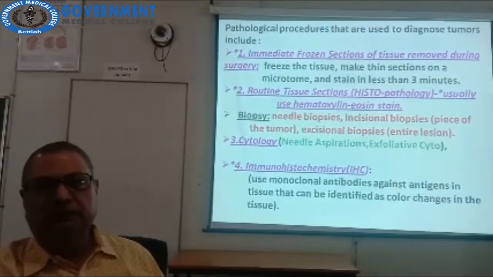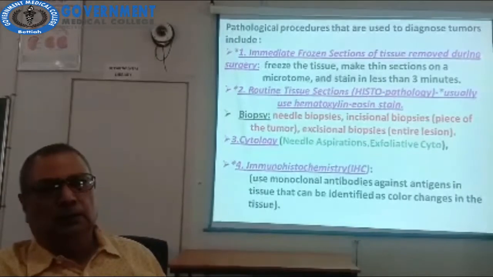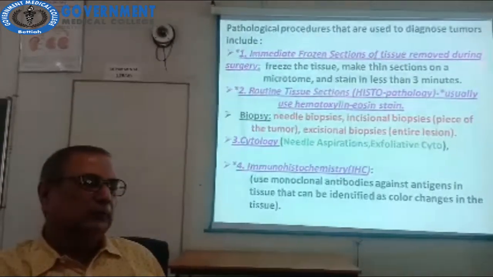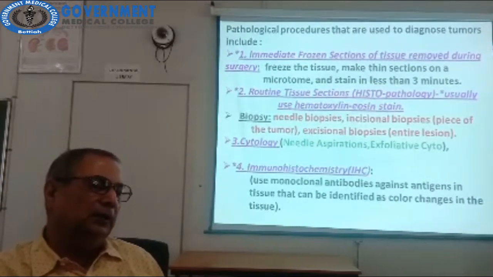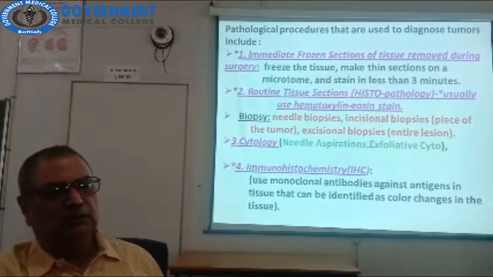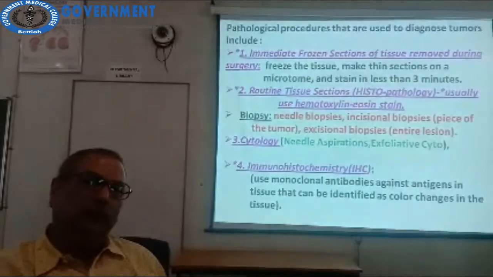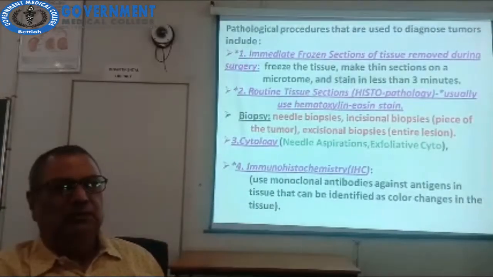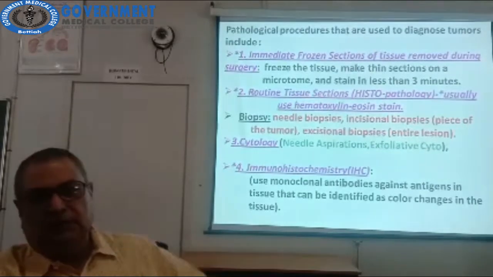So, immediate frozen section of the tissue removed during surgery: the tissue is frozen with liquid nitrogen, cut into thin sections with the help of a freezing microtome or cryostat, and stained in less than 3 minutes.